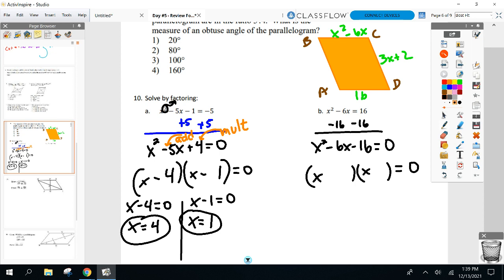All right, I want to go over this again. Two numbers that do what in this case? What about the -6? It's got to add or multiply. Add to -6, but at the same time multiply to -16.